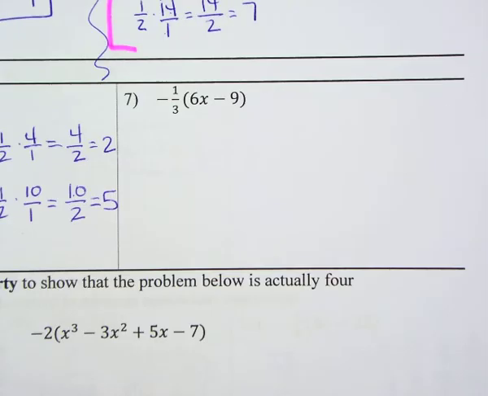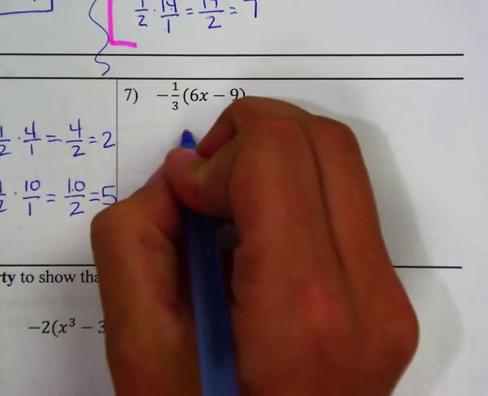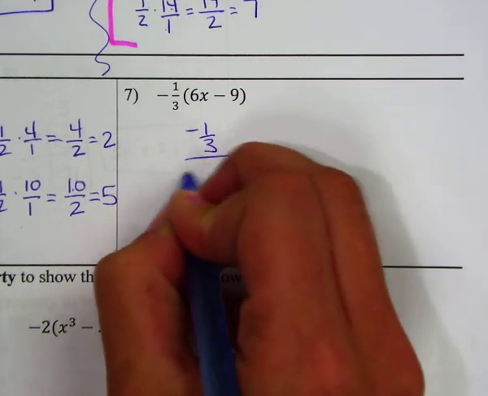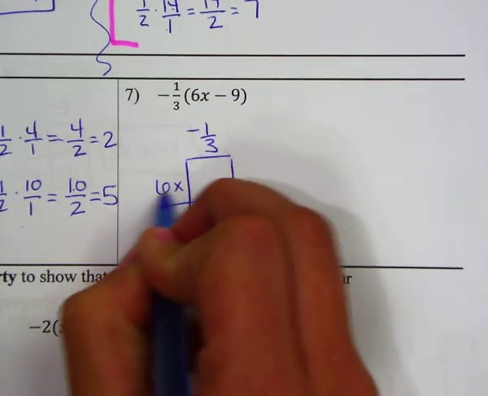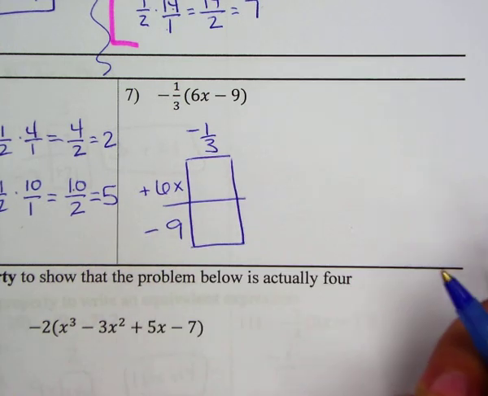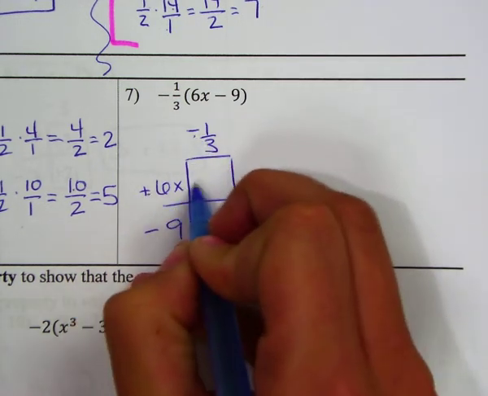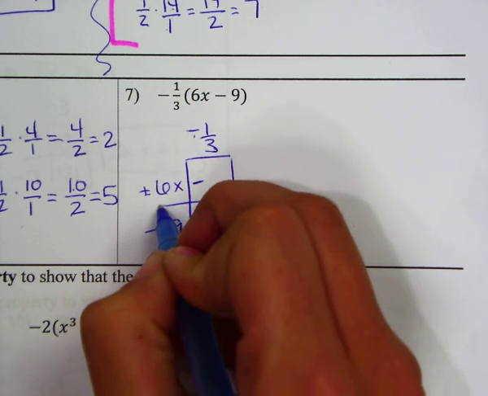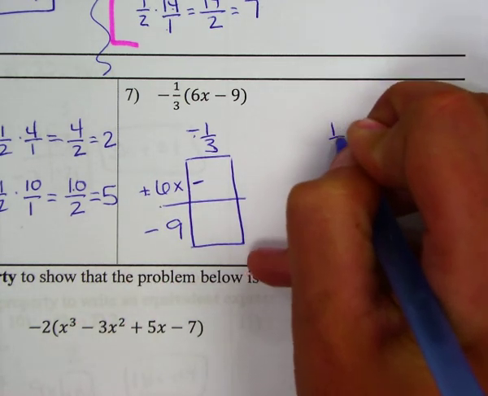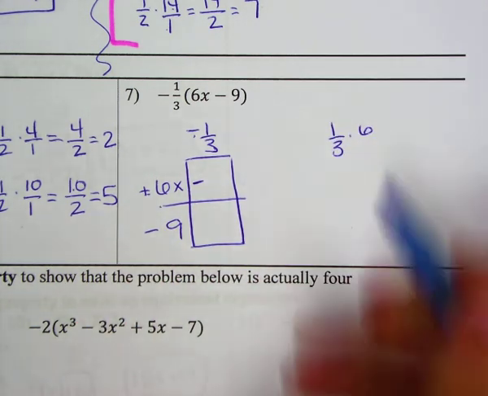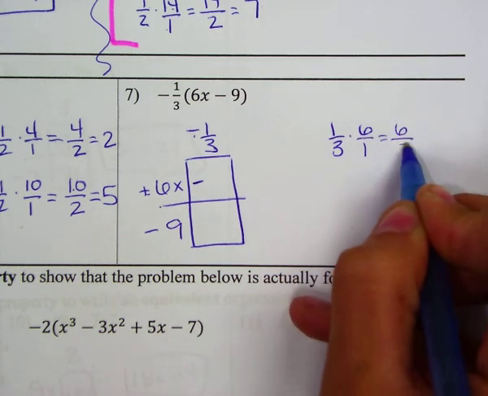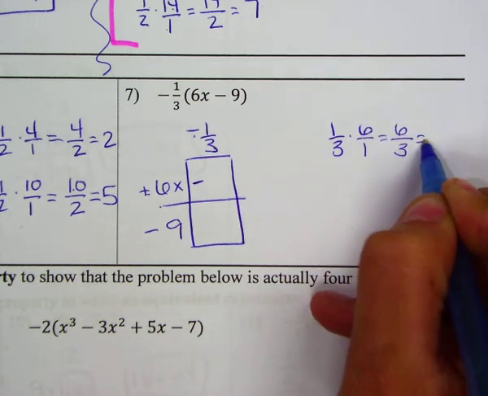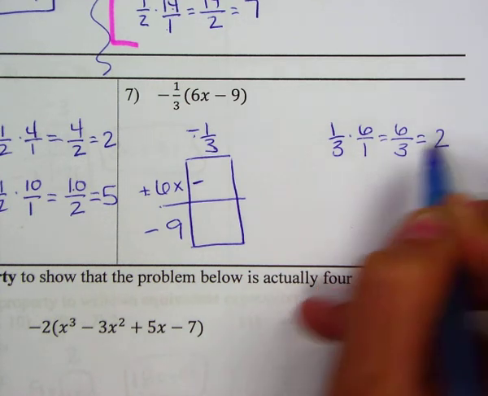Last one. Negative 1/3 goes on the top. Positive 6x, negative 9. Negative times a positive is a negative. 1/3 times 6. Again, I'm going to come over here and do some scratch work. Change this to 6 over 1, multiply straight across. 6 divided by 3 is 2.